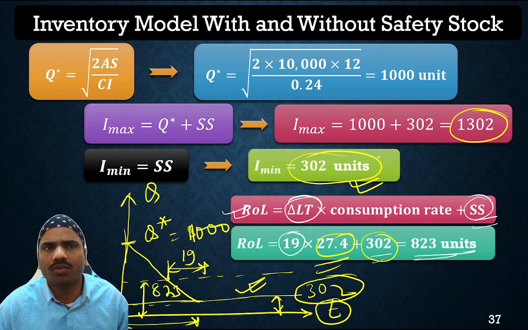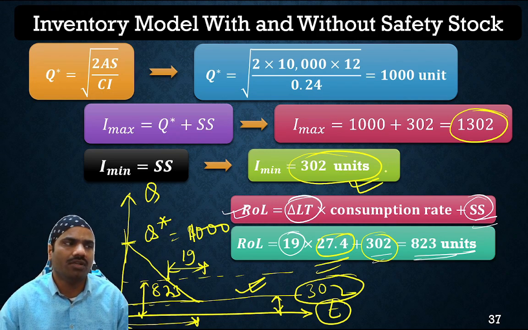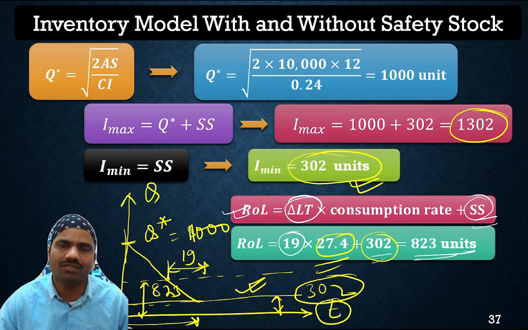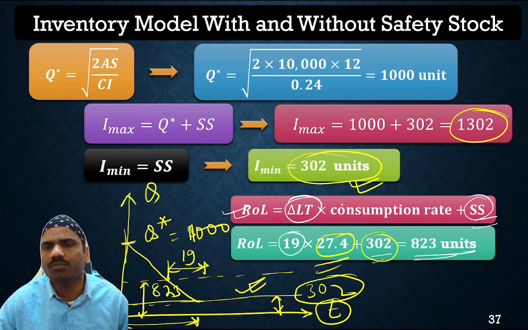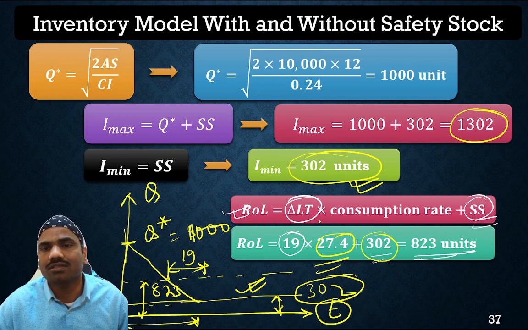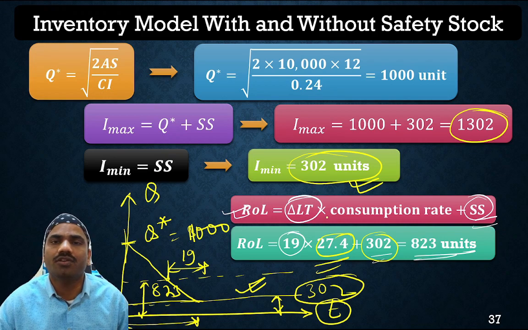So we have discussed one problem related to safety stock. With this, we have completed 4 different models of inventory control. One model is the basic of inventory control, the economic order quantity. Next, we discussed the simultaneous production and consumption model, in which we are producing and also consuming with time.